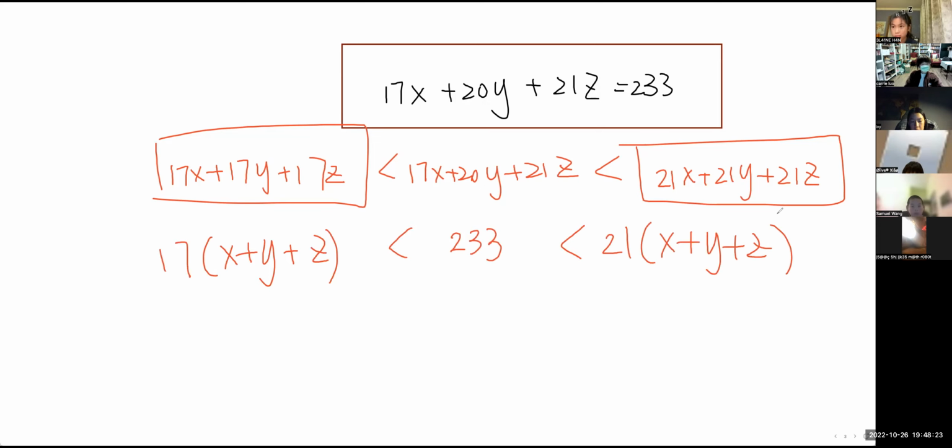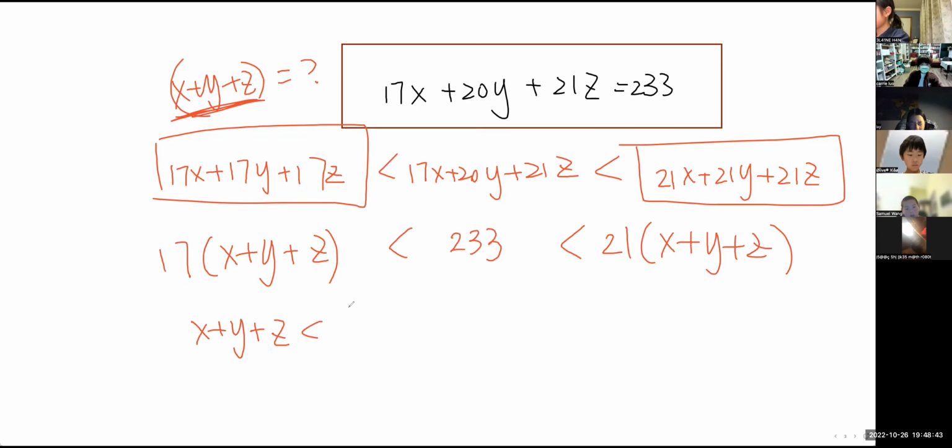Because I want to know x plus y plus z equals what. I can find out x, y, z as well, but I want to know their sum first. So x plus y plus z is smaller than 233 over 17 and is bigger than 233 over 21. Don't you agree with me?